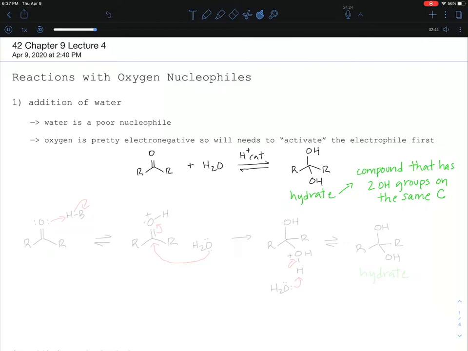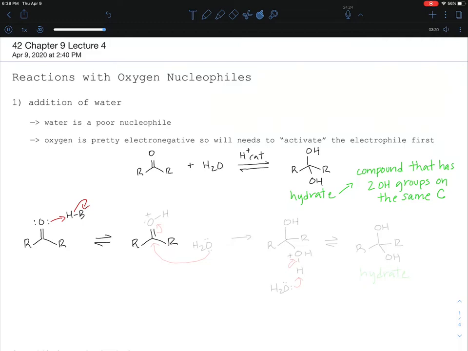How does this work? It's going to look pretty similar to the mechanisms that we've done for the nitrogen-containing nucleophiles. So I'm going to take my generic ketone here, R, carbonyl, and then R, and add a catalytic amount of acid. When I protonate this carbonyl, I'm activating the carbonyl and making that carbon more susceptible to nucleophilic attack.